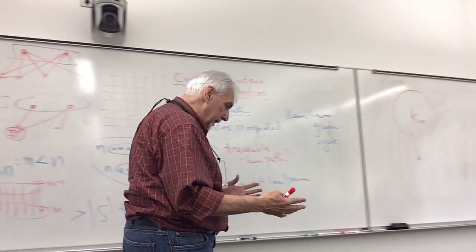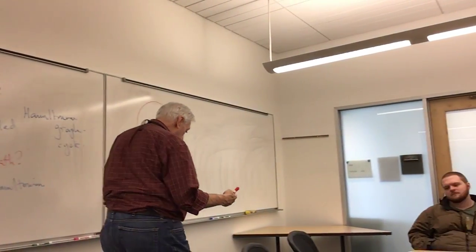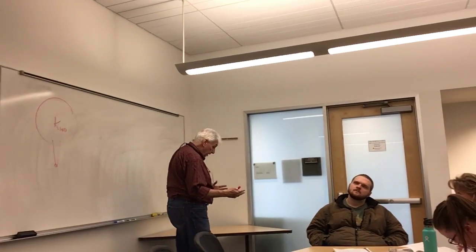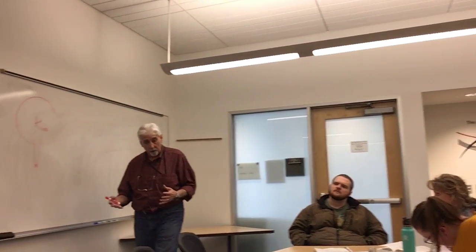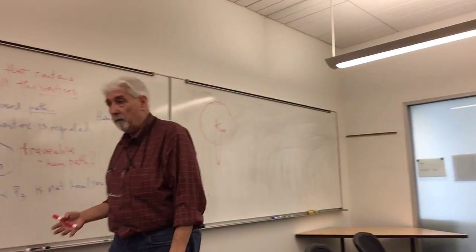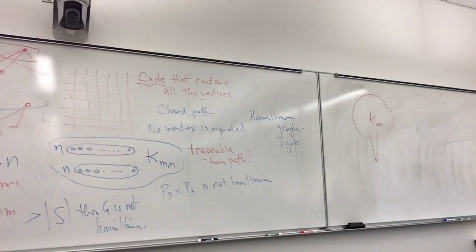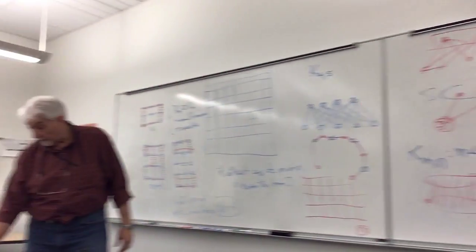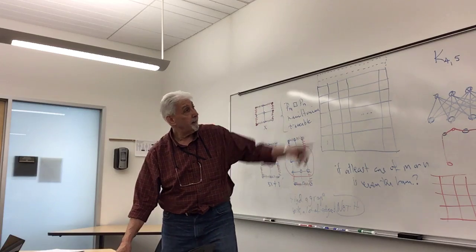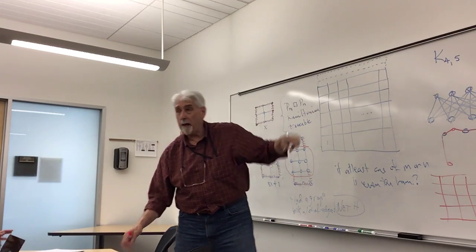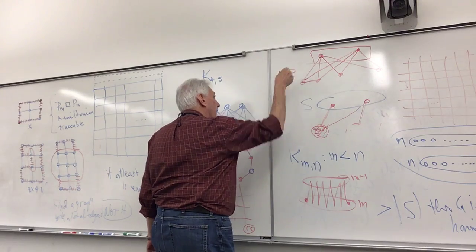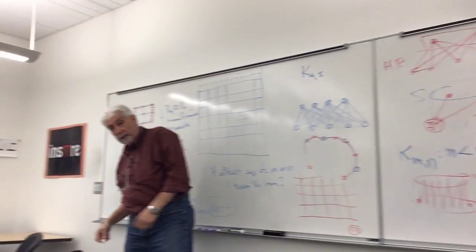It's asking for a Hamiltonian cycle, a cycle that contains all the vertices. What condition would we need for there not to be a Hamiltonian path? Look at that graph. Is there a Hamiltonian path?